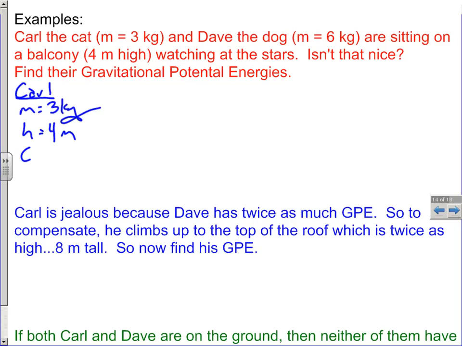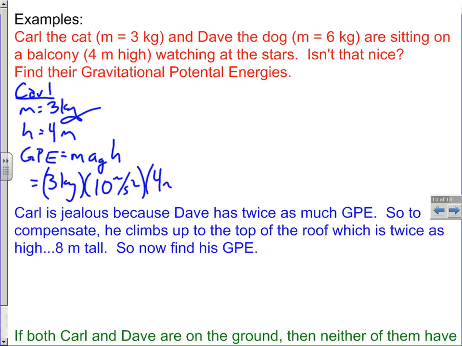So to find his GPE, we're going to do m times a_g times h: 3 kilograms, 10 meters per second squared, 4 meters. 3 times 10 is 30, times 4 is 120.